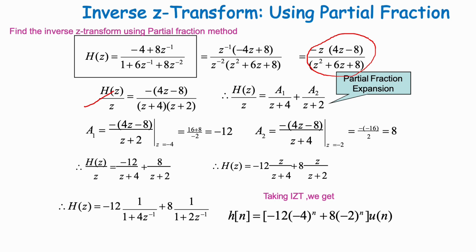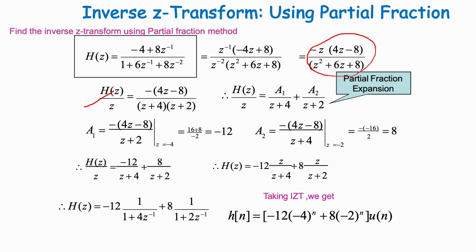All of you know how to do the partial fractions; we have seen it in the class. Once the partial fraction is over, you obtain the variables a1 and a2, you substitute them, and you will get the answer. Is it clear? Once the answer is obtained, you take the inverse Z transform.